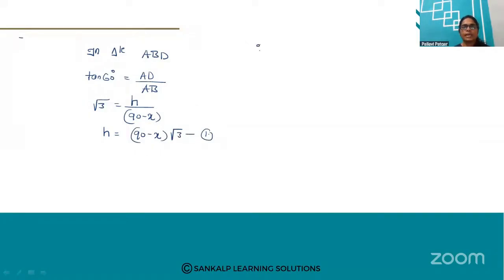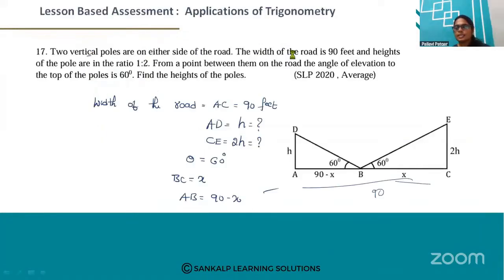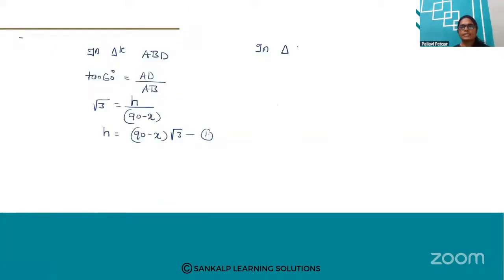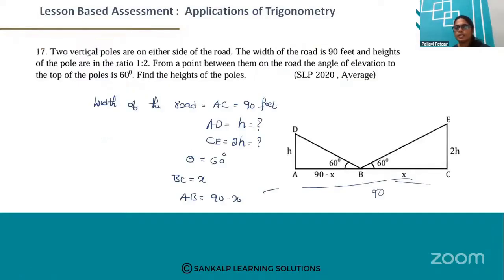Now consider triangle BCE. In triangle BCE, tan 60 degrees is CE divided by BC.